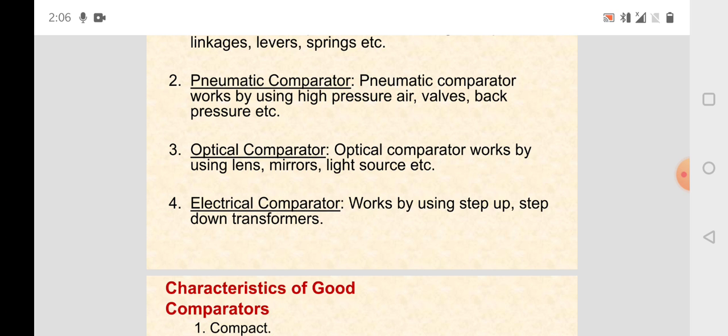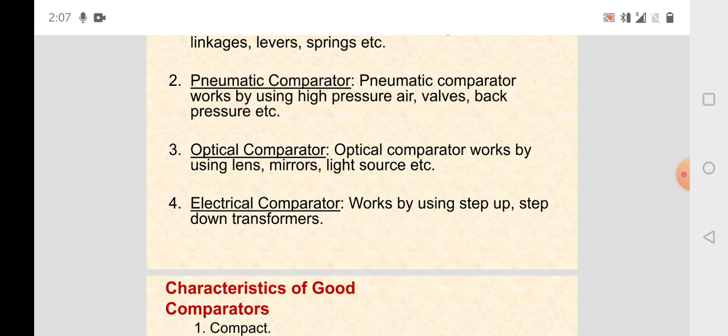Then the disadvantages here are: it requires a bigger setup, we can say equipment such as pressure regulators. The scale generally is not uniform here.